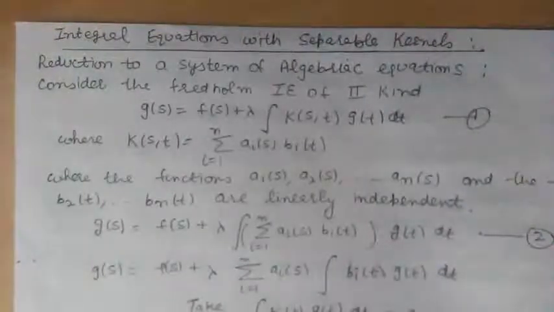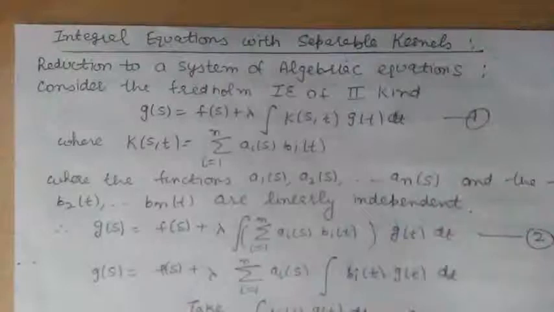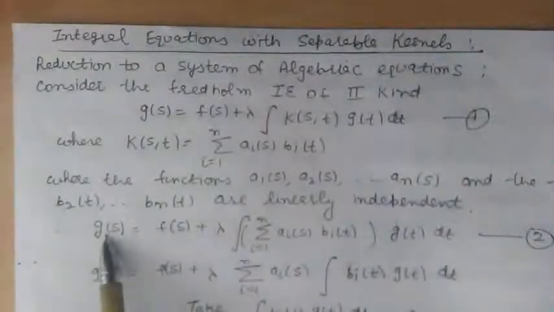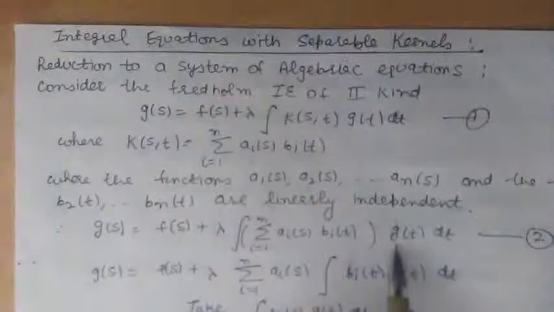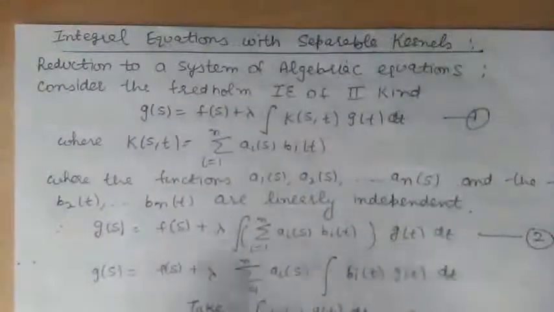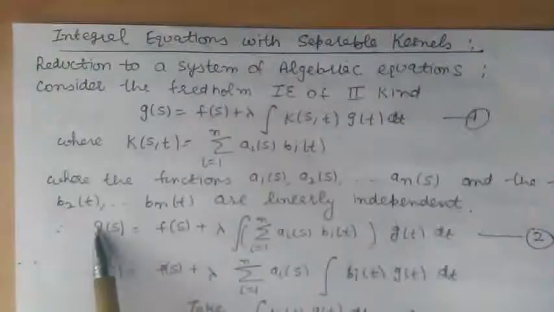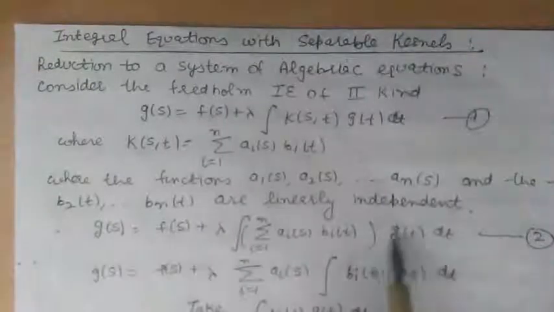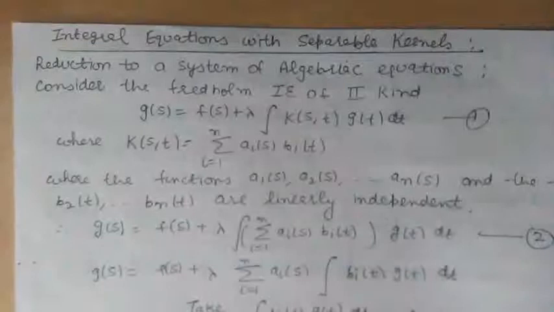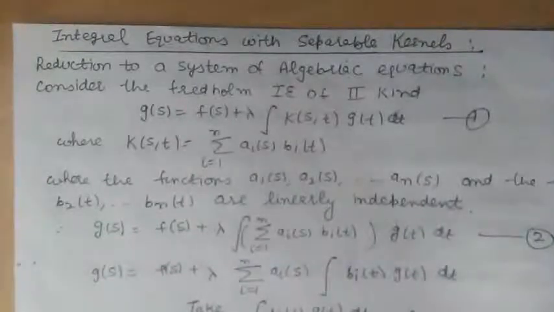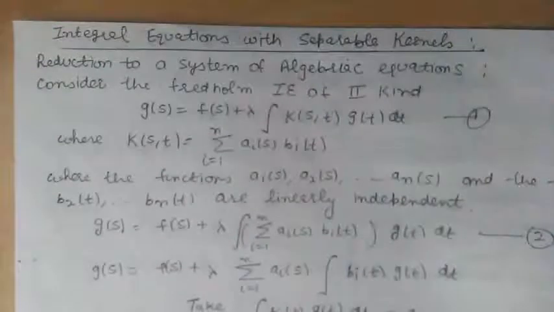Now from here we will substitute the value of the function g on the left hand side of equation 2 as well as on the right hand side of equation 2. On the left hand side of equation 2 we already have g(s). On the right hand side of equation 2 we have the function g(t). So we will find the value of g(t) by replacing the variable s by t.